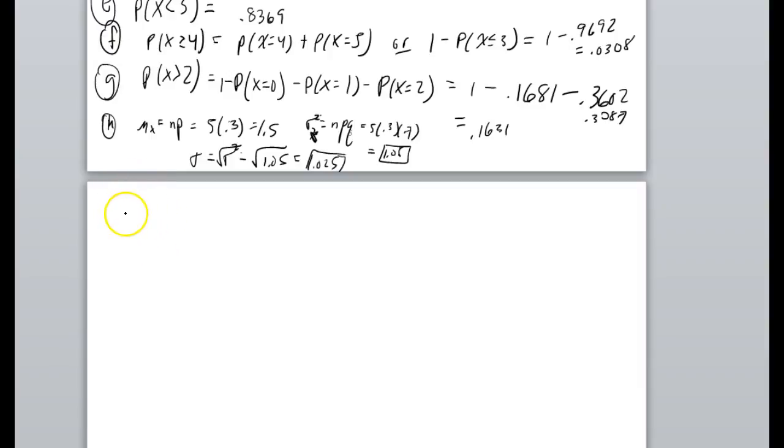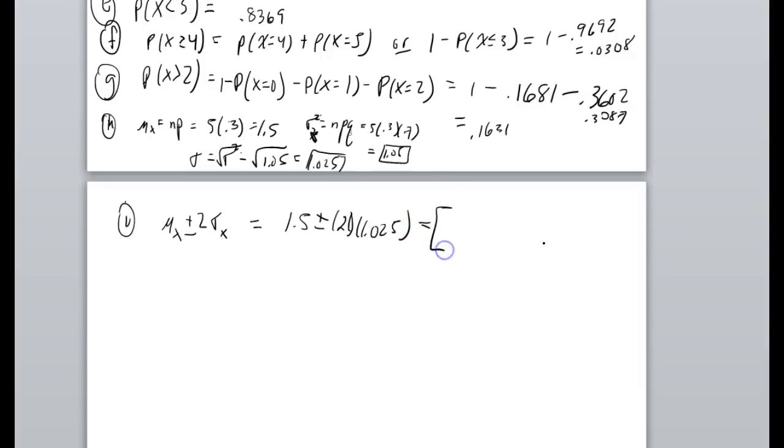Okay, so on to I. I wants us to calculate the interval of mu of x plus or minus 2 standard deviations. And for us, our mu is 1.5, plus or minus 2 times 1.025.